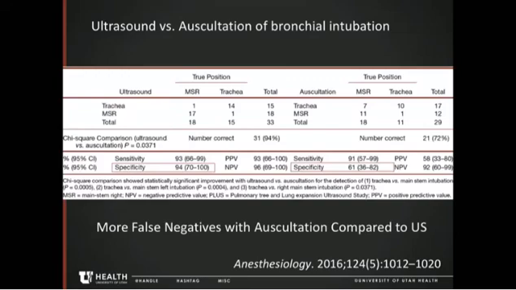And so what they found was that using ultrasound to rule in or out bronchial intubation had a very high sensitivity and specificity, greater than 90% each. And while auscultation had a pretty good sensitivity, it had a low specificity.